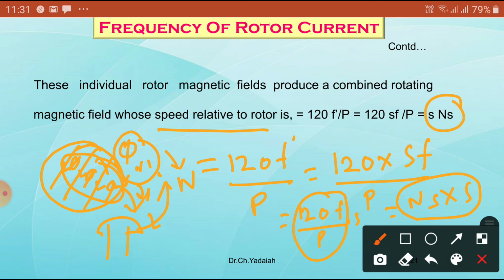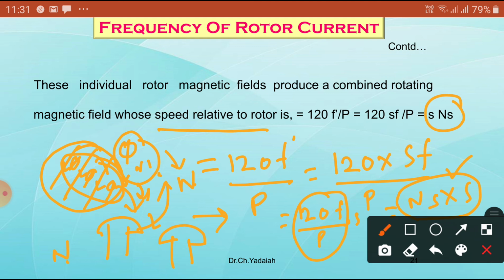Please don't confuse: rotor speed is different and rotor magnetic field is different. The rotor magnetic field has this speed, while rotor speed is only N. The relative motion between the rotor magnetic field and the rotor is this much.